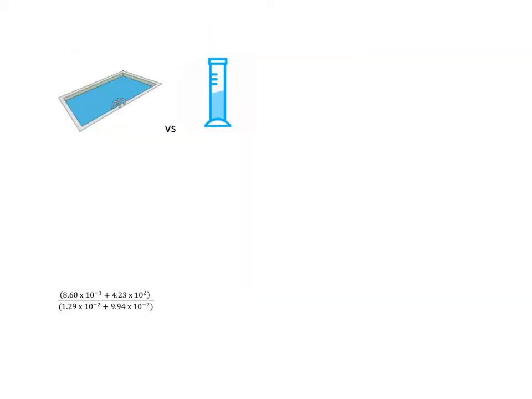So why do we care about significant digits? Well, we can use the example up here at the top to put things into perspective. A graduated cylinder is a fairly precise instrument. So we can usually get out to the first decimal place and sometimes the second decimal place, depending on how precise the instrument is. And this will be in milliliters. There are 1,000 milliliters in 1 liter.